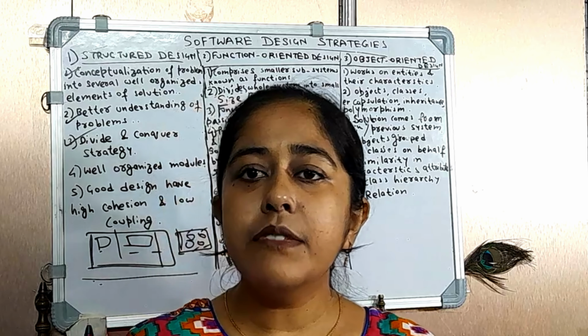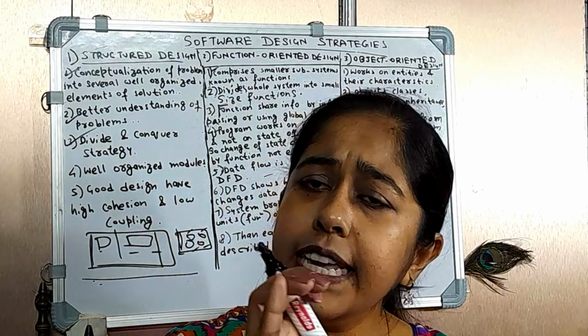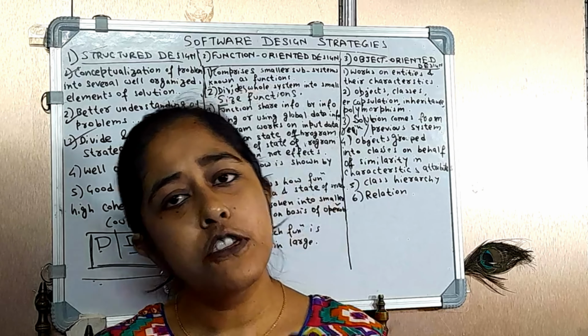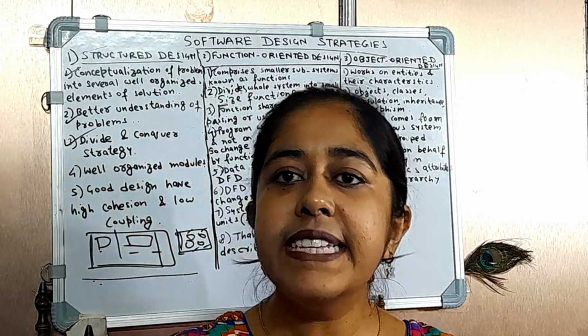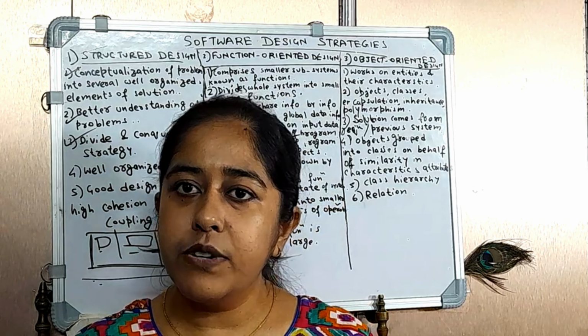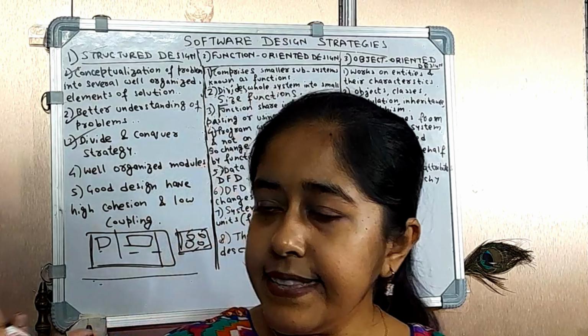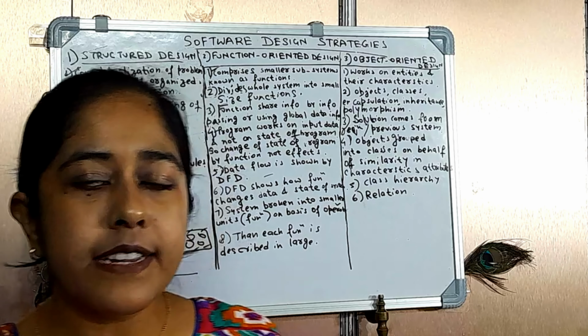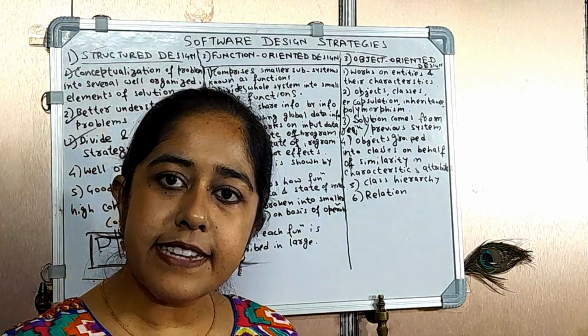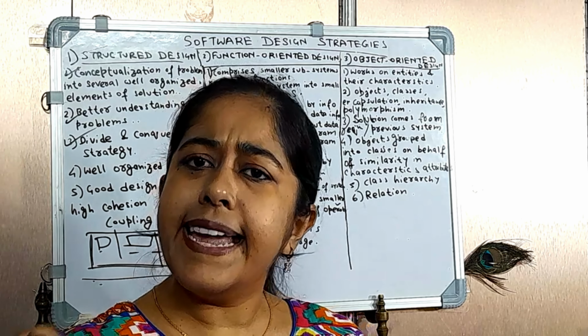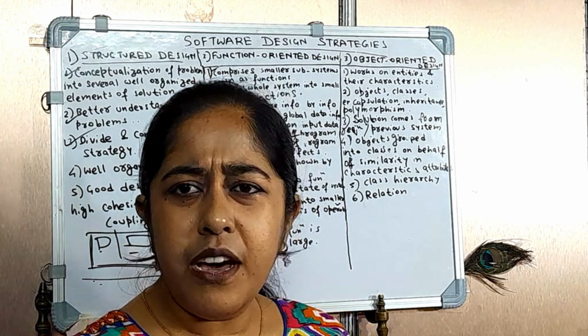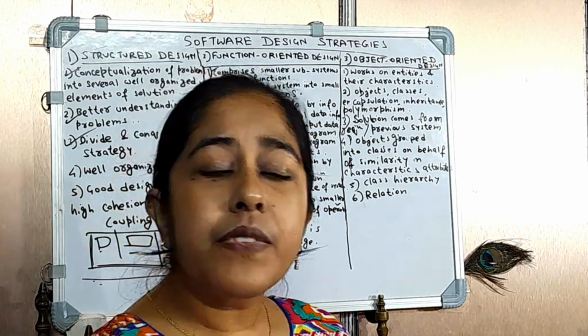If some error or fault comes, it will only affect those particular modules or subsystems, not your whole system, so that you can easily cope with that error or fault. Why are we taking this strategy? So that the whole system is not affected at once by any kind of fault or calamity. So here we use divide and conquer.